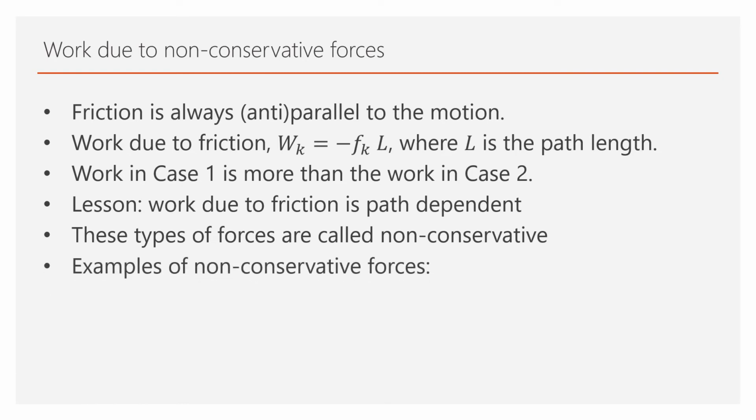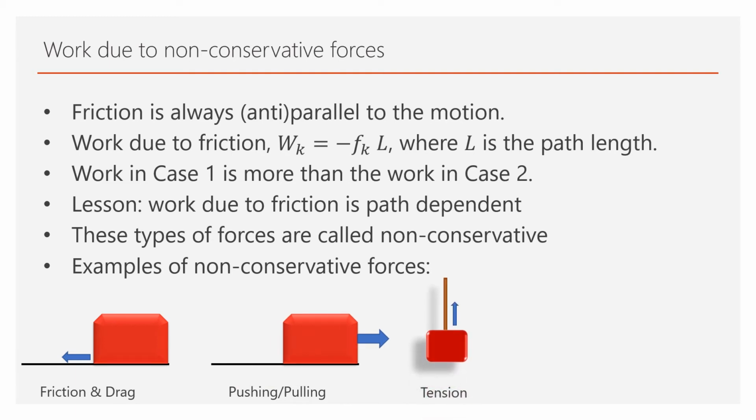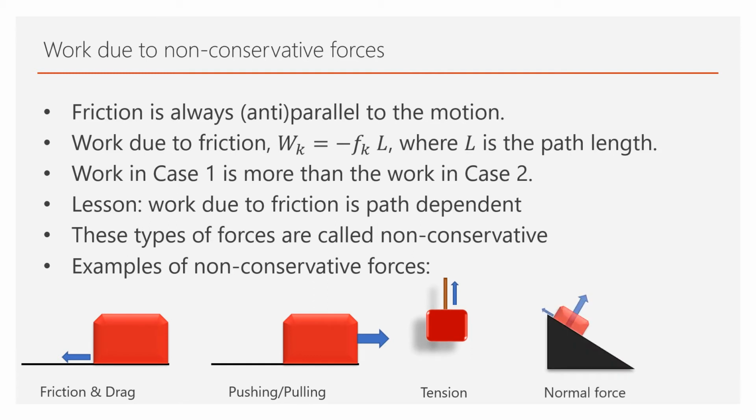And they exist in several different forms: friction and drag, any pushing or pulling force, tension in a rope, or the normal force, which prevents objects from sliding through each other.